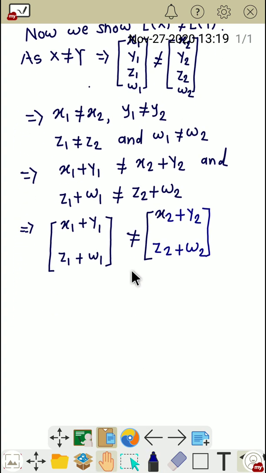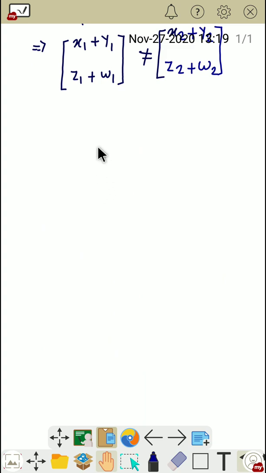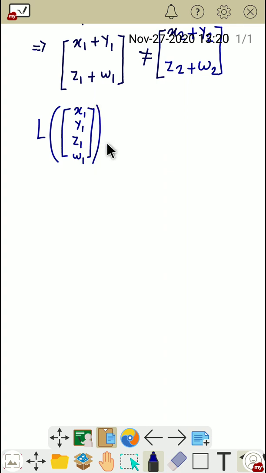Therefore, this left hand side is nothing but L of (x1, y1, z1, w1) by definition of the given linear transformation, and this is not equal to the right hand side, which is L operating on the vector (x2, y2, z2, w2).